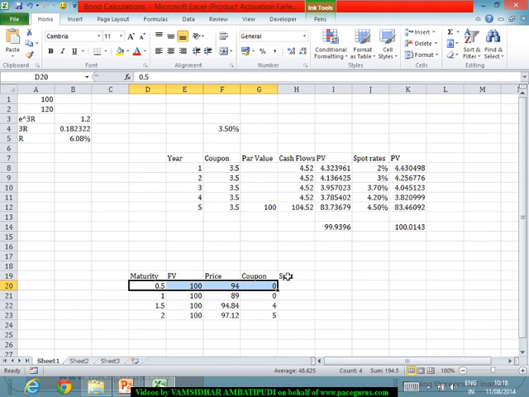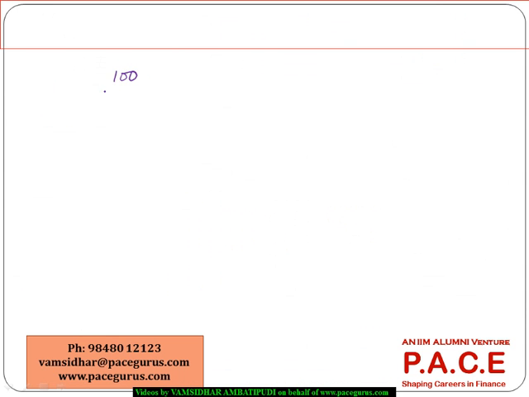So the cash flow with that particular treasury bill is 100 at the end of 6 months. That's it. So the price is equal to the present value of the future cash flows, and I'm talking about 0.5 years.